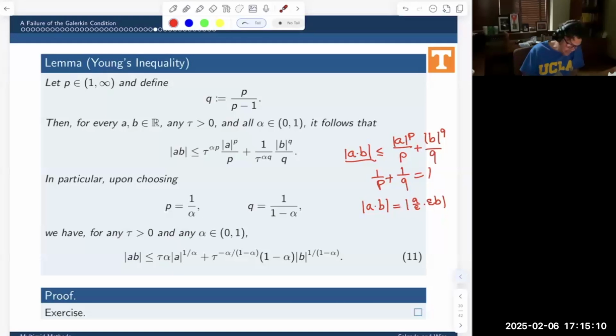For any alpha between 0 and 1, I have to choose this epsilon judiciously, and the P is going to come out naturally.